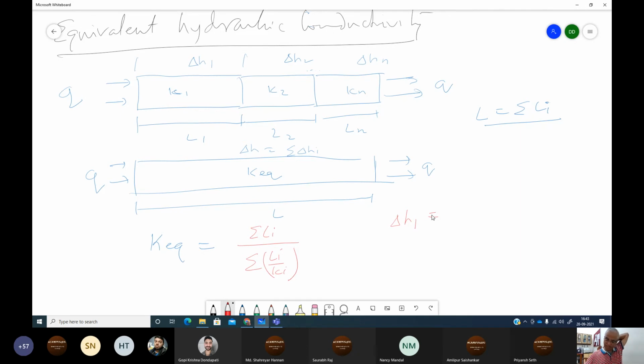So what is the formula? Q by A, because the cross-sectional area also remains the same, by L1 by K1. Is it true? Similarly, del H2 will be Q by A, L2 by K2, and so on.